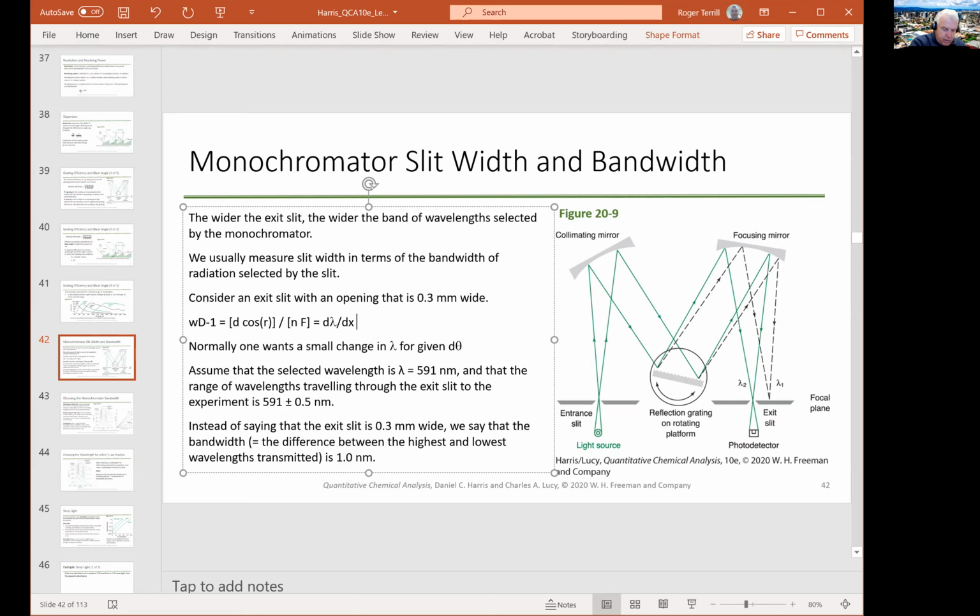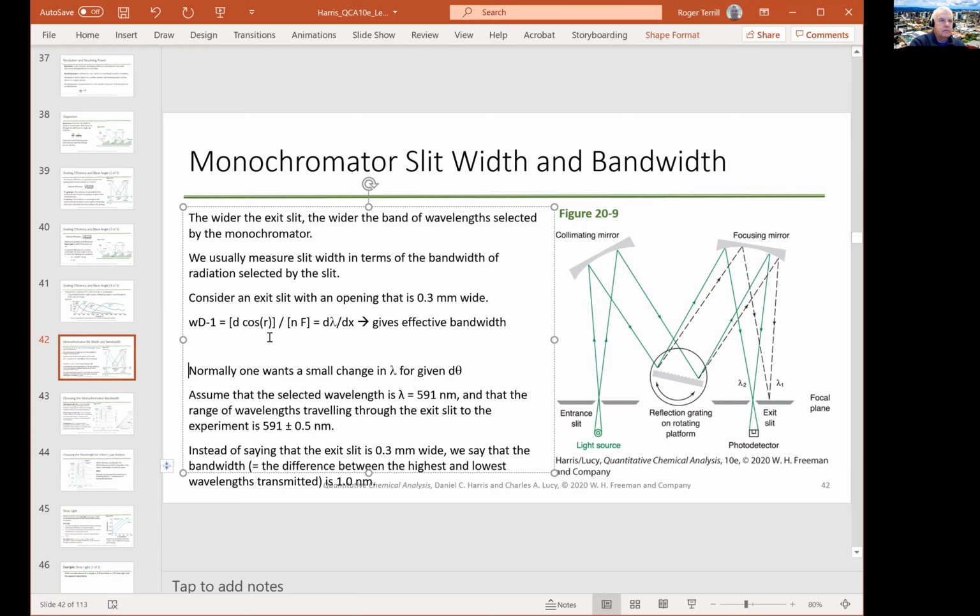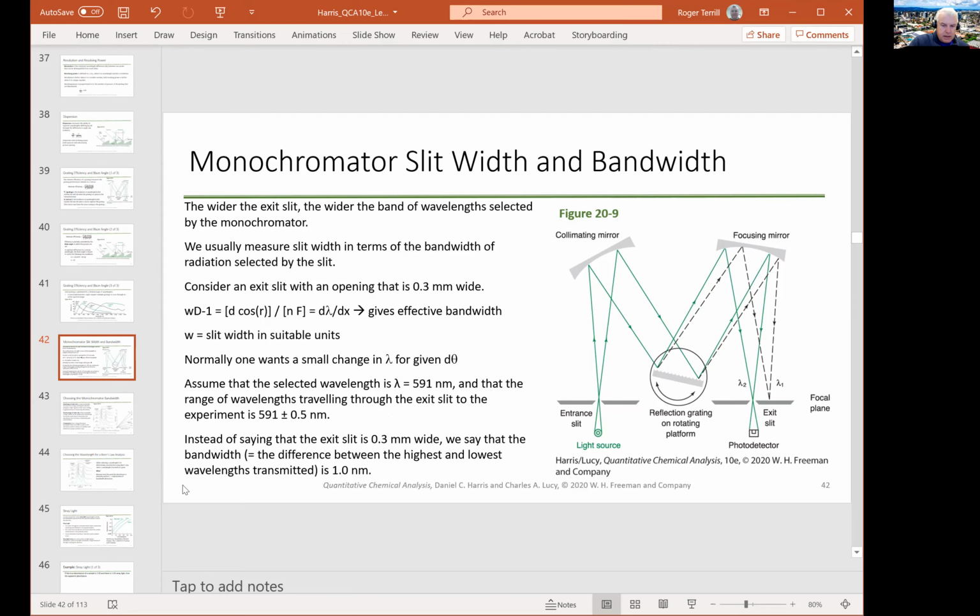This will give you the effective bandwidth, where W is the slit width in suitable units. Make sense?